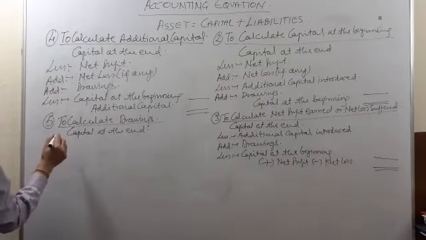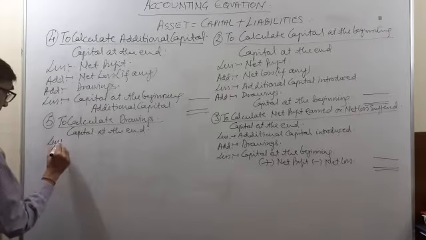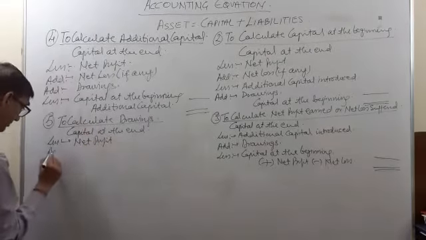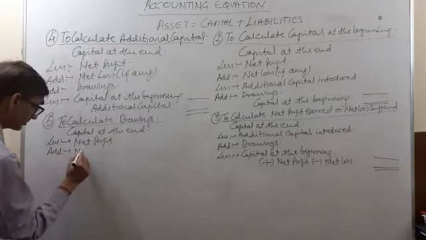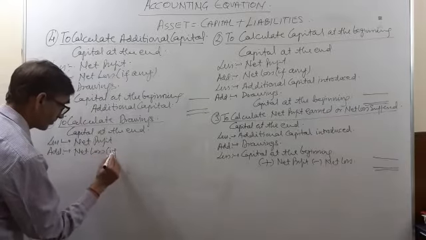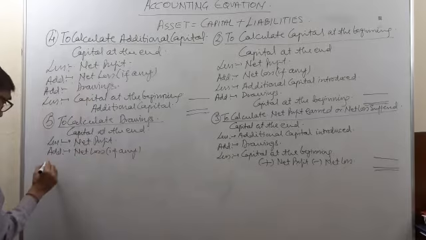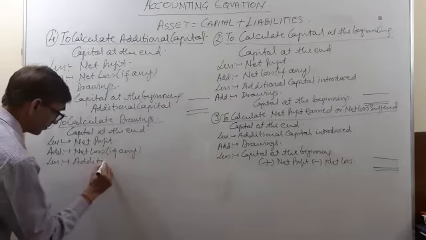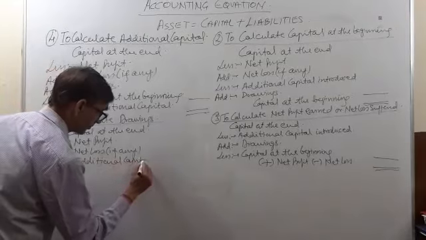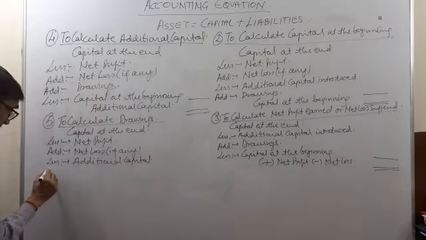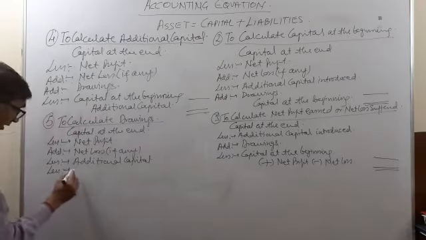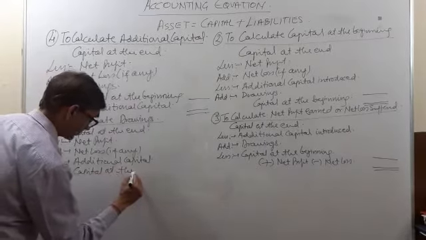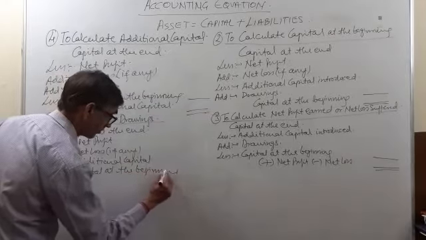So we will subtract net profit, we will add net loss, if any, we will subtract additional capital, and we will subtract capital at the beginning.